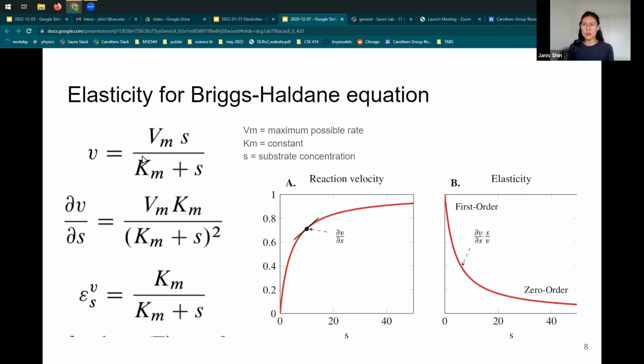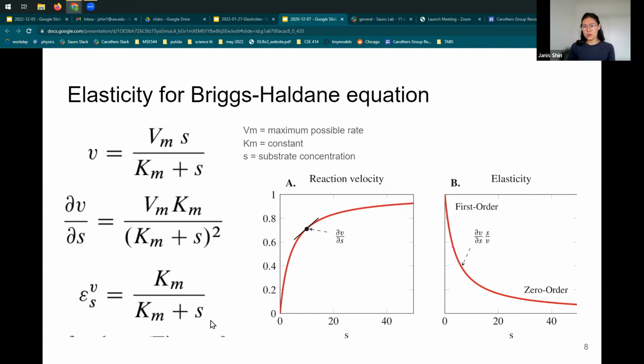as we discussed before, this is the rate law of the Briggs-Haldane equation. So what you would do is take dv/ds, and then multiply it by s over v to scale it. And then we would get the elasticity this way. As you can see, when the substrate concentration is at Km, so if S was at Km, then the elasticity is equal to half.